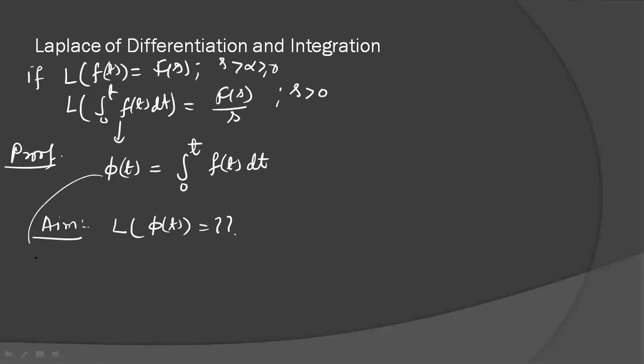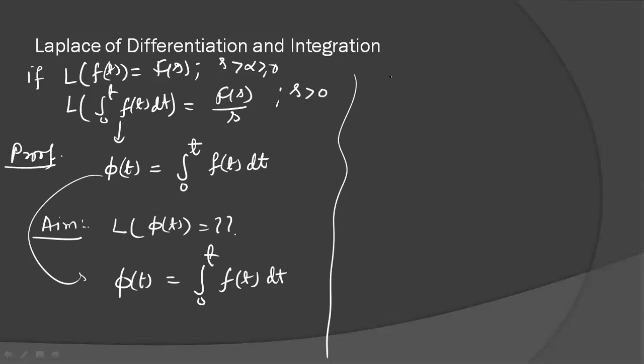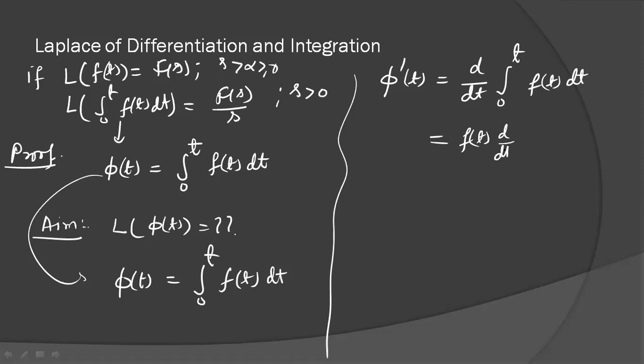So we can see that phi t is this. Now phi t is the integral from 0 to t of f(t) dt, we can use the Leibniz rule and differentiate it. So phi dash t means differentiation on both sides. So d by dt of the integral from 0 to t of f(t) dt, you can use the Leibniz rule. I have already taught you, it is a very useful result. Leibniz rule: f(t) into the derivative of t, minus f(0) and the derivative of 0. It is only one function inside. So it is f(t).